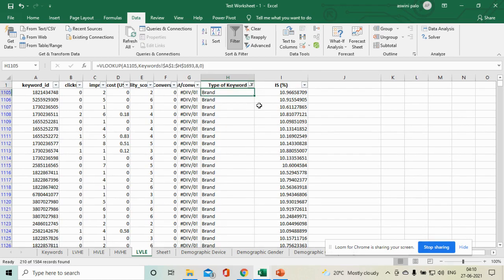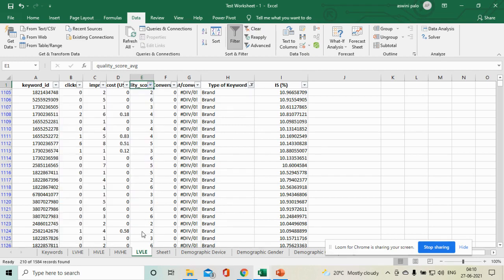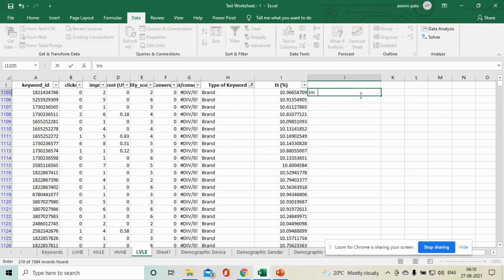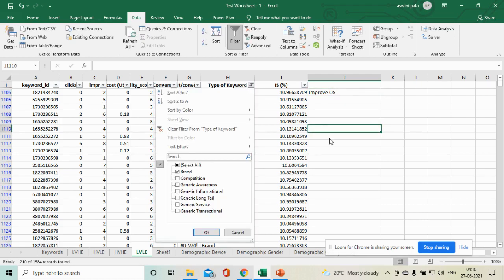Okay, now these brand keywords have got 10% impression share. But before that, you see here, the quality scores are pretty bad. Okay, they are below 6. So your first objective should be to improve your quality score for these keywords. Then we will think of improving the impression share.